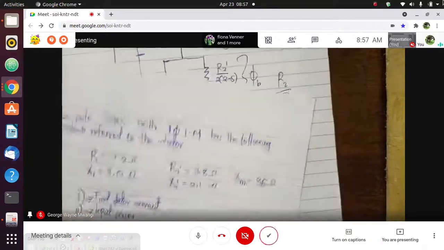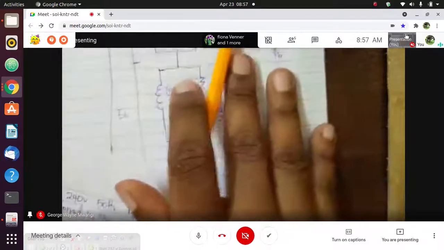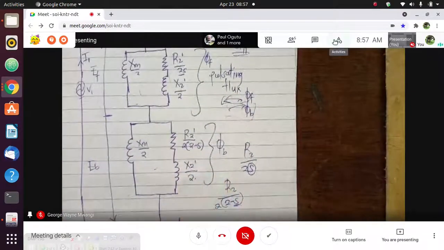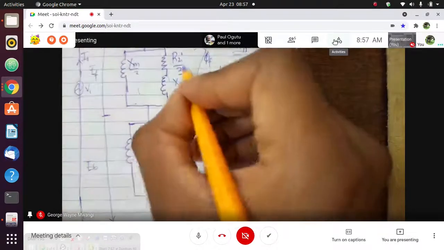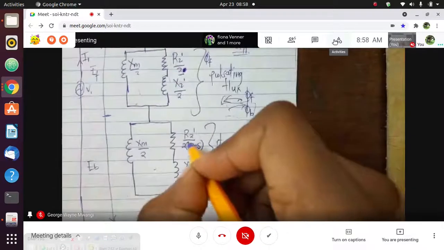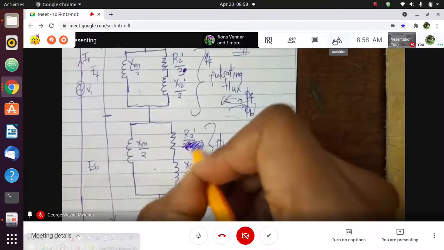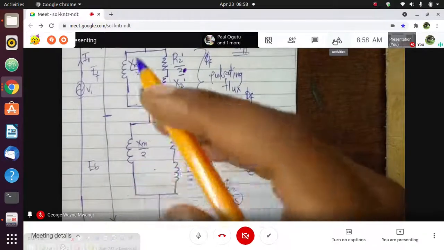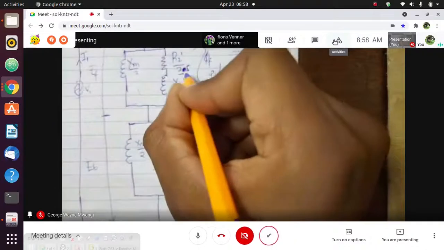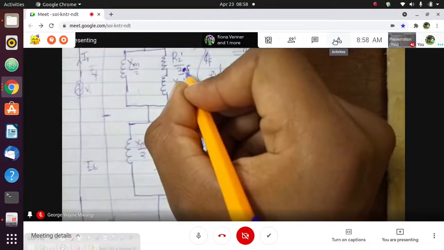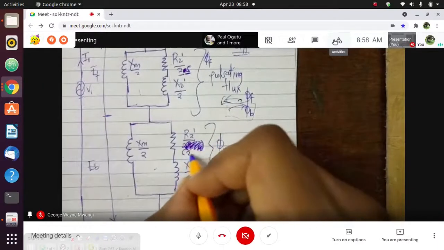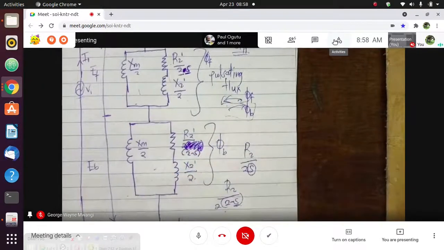I said that the equivalent circuit of an induction motor when it is stationary, when the rotor is not moving, won't have that condition of slip. This will be R2 over 2, R2 over 2. But when it starts moving, then we have to take into consideration slip. The slip due to the forward moving flux is s, and the slip due to the backward moving flux is 2 minus s. I think we had written that in a previous class.